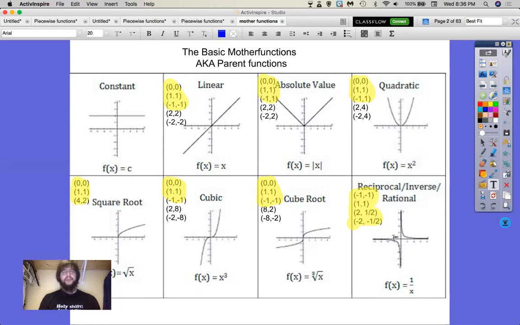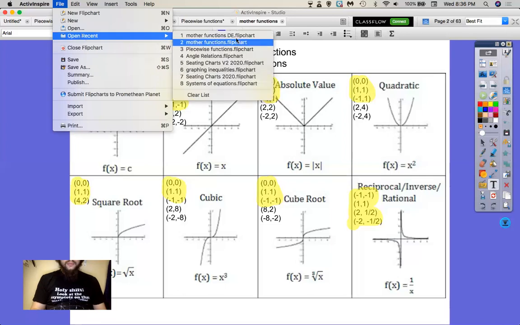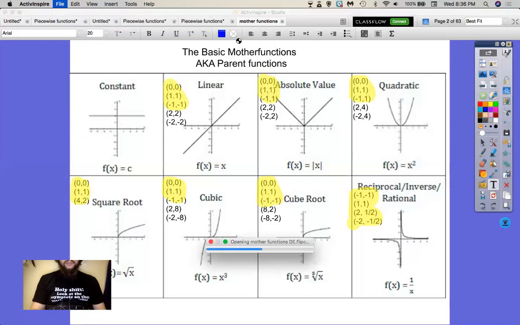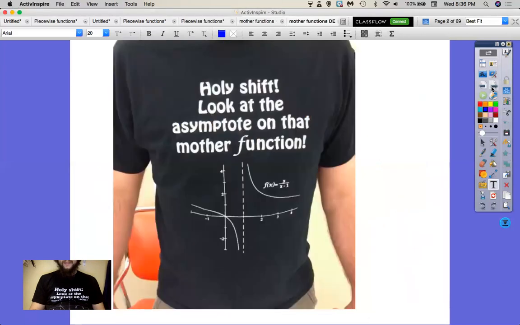So this brings me to my shirt. Yes, my shirt. I had to find this shirt for you guys. I don't know if you can see it right now. Probably can't. That's the shirt I'm wearing.